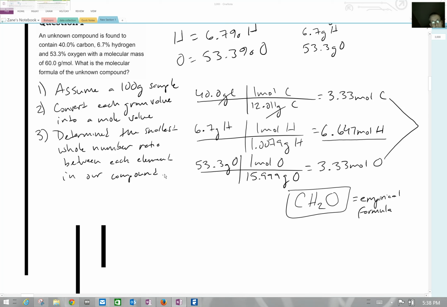Okay. Fourth step, we determined the empirical formula. Our final step is to determine the molecular formula.